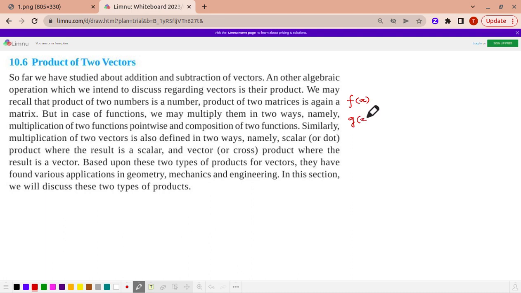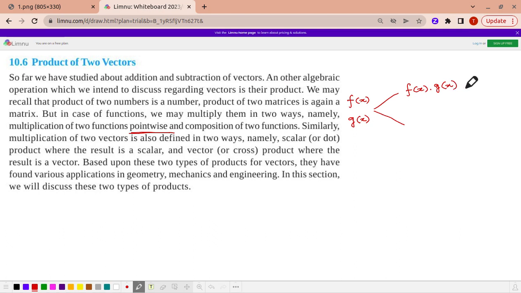So now when you want to make a product of these two functions, there are two ways we can achieve it. The first one, as mentioned in the adjoining note, is pointwise. That means we get the product as f(x) into g(x).